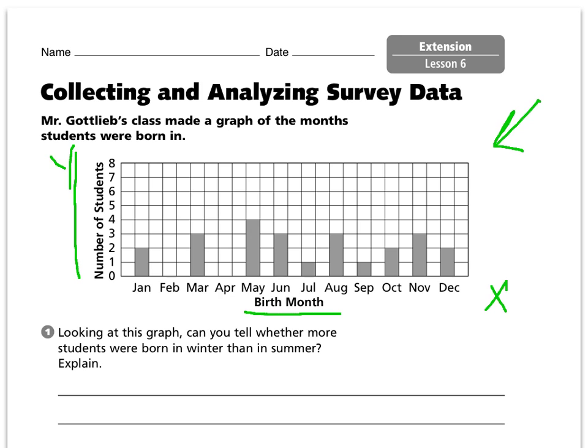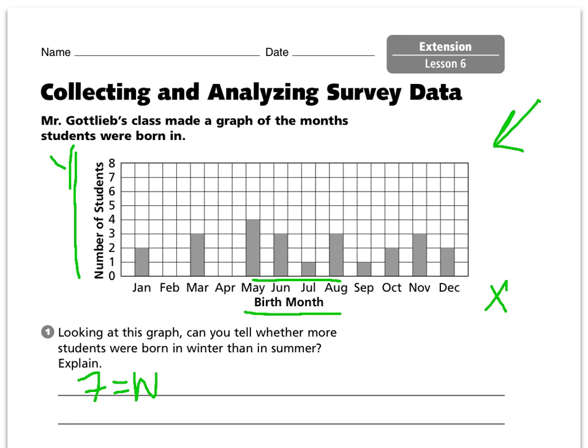And I would say yes, you can, because you know that the winter months would be from about November to February, and you know that the summer months would be about May, June, July, and August. And you can see that in the winter months you have 2 in January, plus 3 more in November, which is 5, plus 2 more in December, which is going to be 7 for the winter.